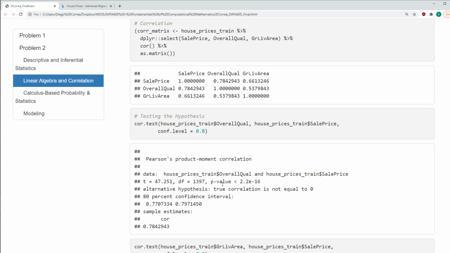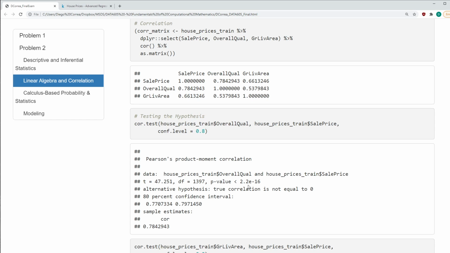Here, the p-value is very low, and we see the sample estimate is 0.78, which means that the overall quality and the sale price have a correlation of 0.78.